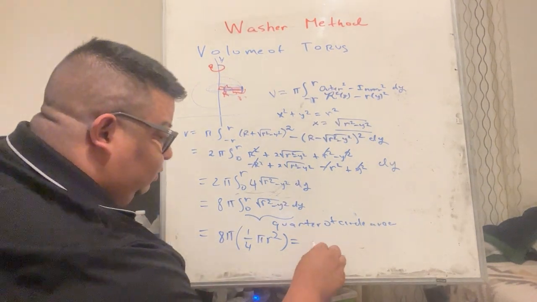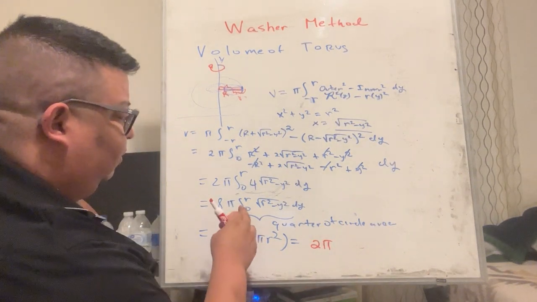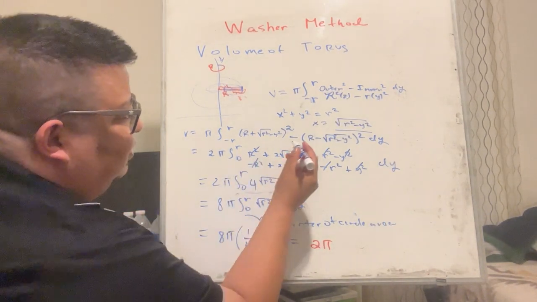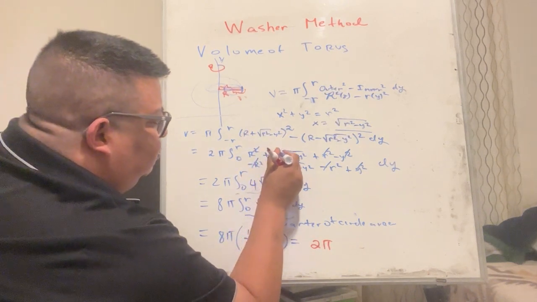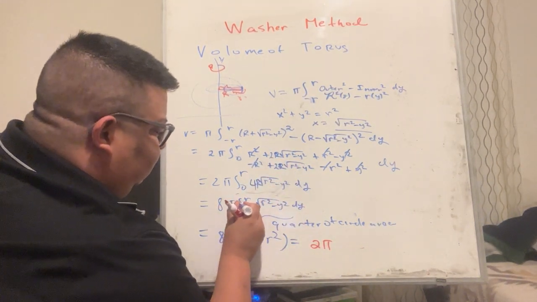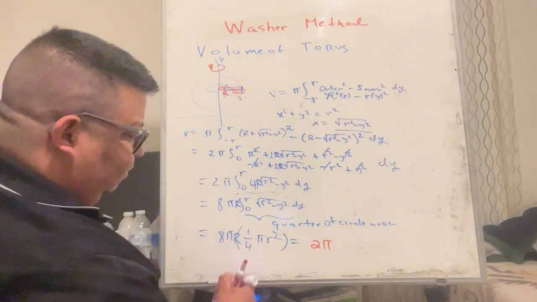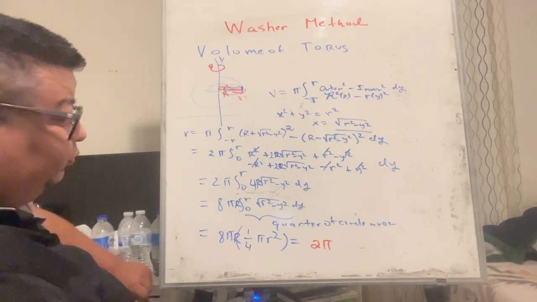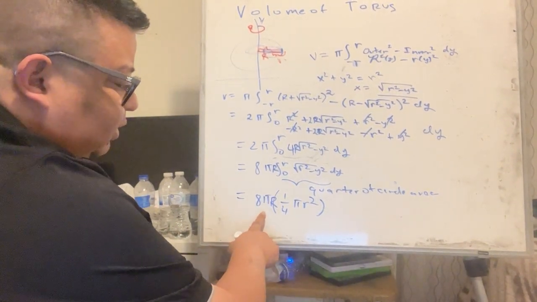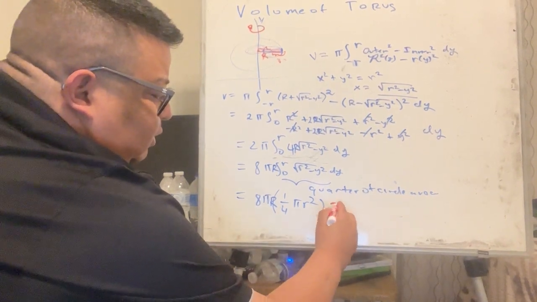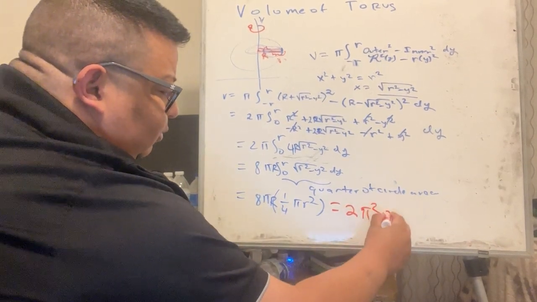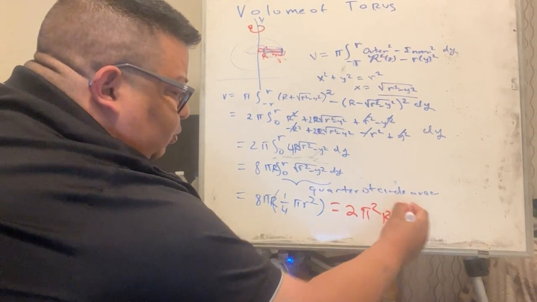Oh yeah, I forgot the R. Because we are multiplying R times the quarter circle area, the final formula is 8 divided by 4, that's equal to 2, then pi times pi, that's pi squared, R, and then r squared.